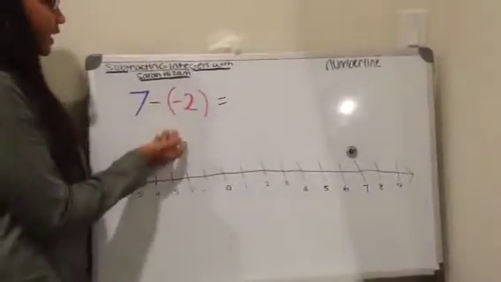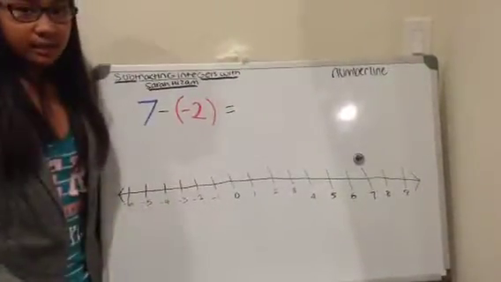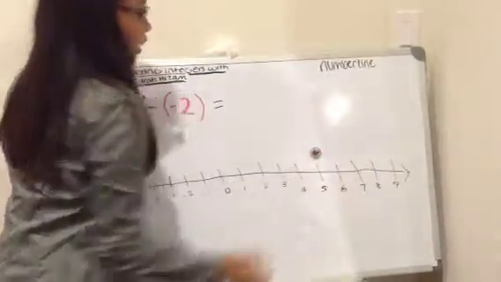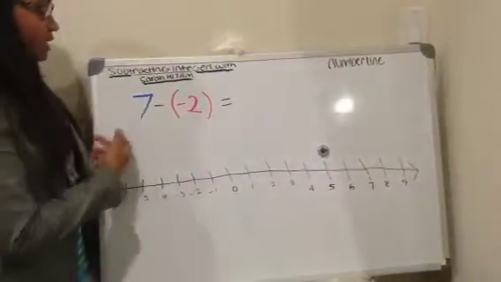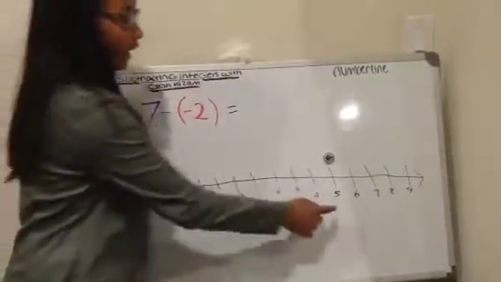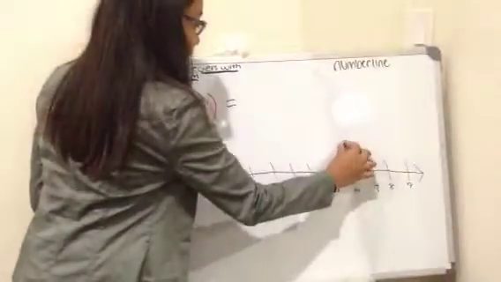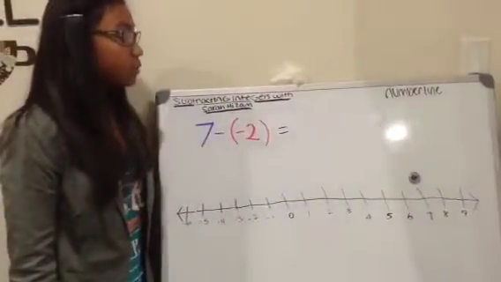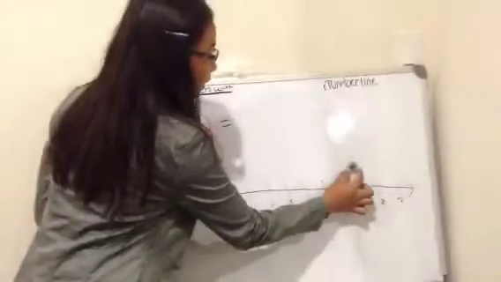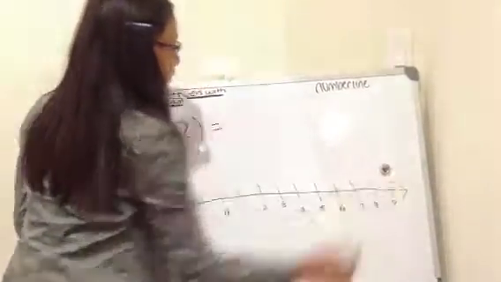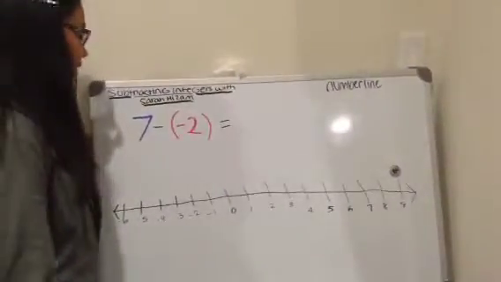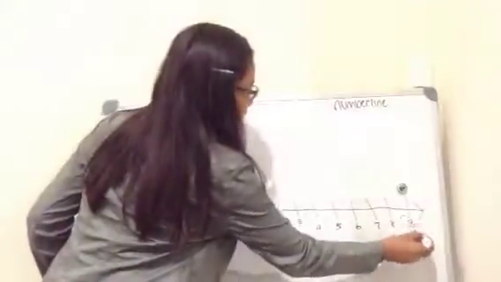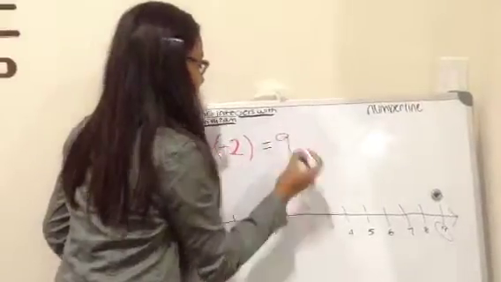Now, if the second factor is a positive number, then you will walk forwards 2, which explains why 7 minus 2 equals 5. But our second factor is a negative number, so what we need to do is walk backwards 2, which means 7 minus negative 2 equals positive 9.